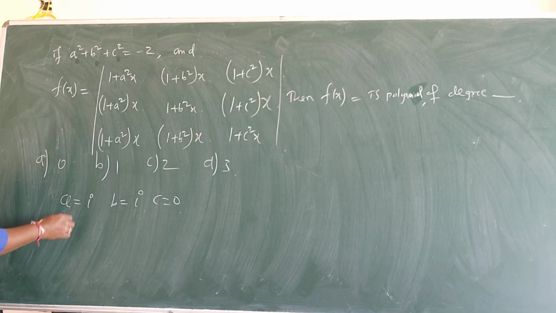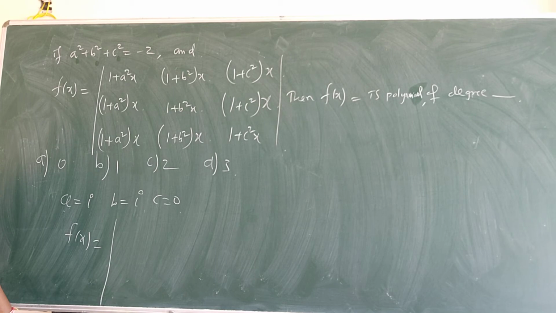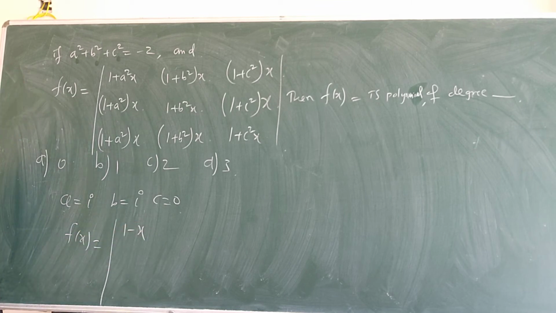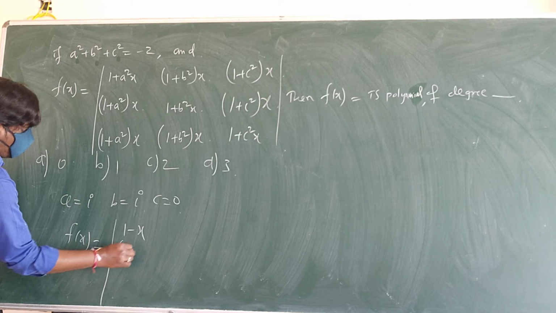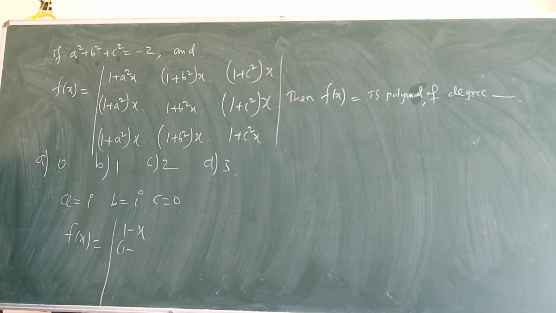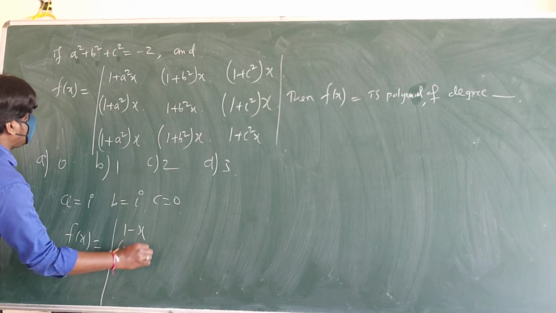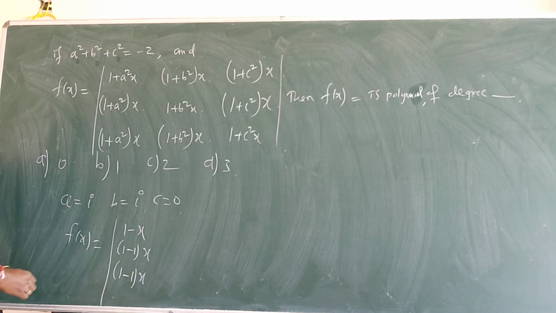Now tell me, what is the first step? f(x) is equal to what I am getting? Iota, right? Iota square is -1, so 1 minus x. 1 minus 1 is 0. 1 minus 1 into x, and i square is -1.